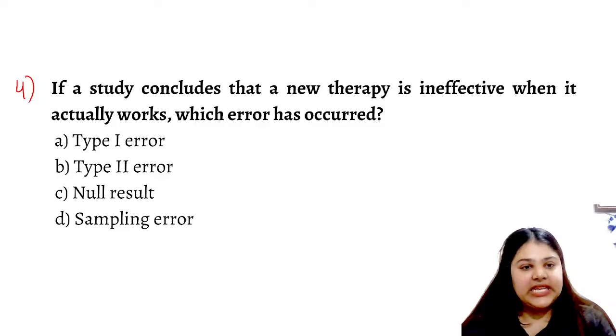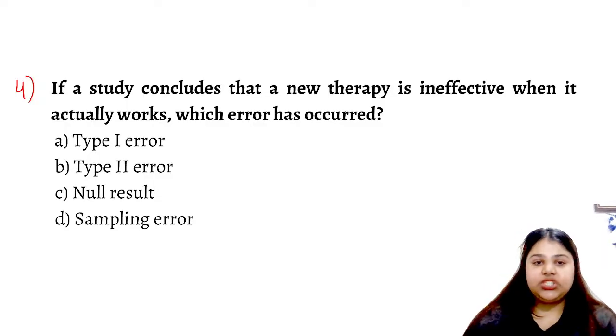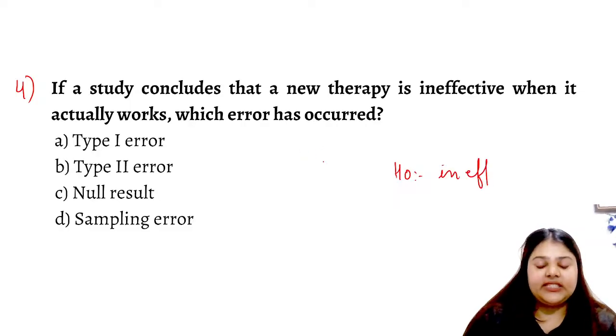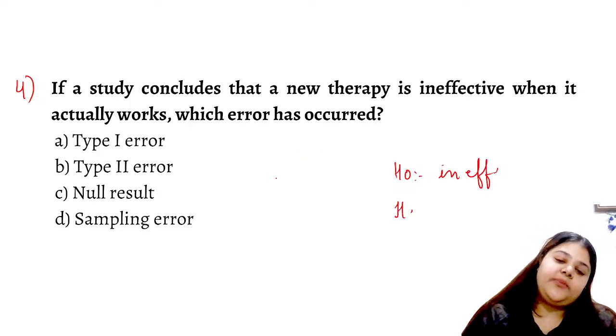All of you, please answer carefully. All right, everyone, let's read the question. The question is asking: if a study concludes that a new therapy is ineffective, the null hypothesis says that it is ineffective and the alternate hypothesis says that it is effective.